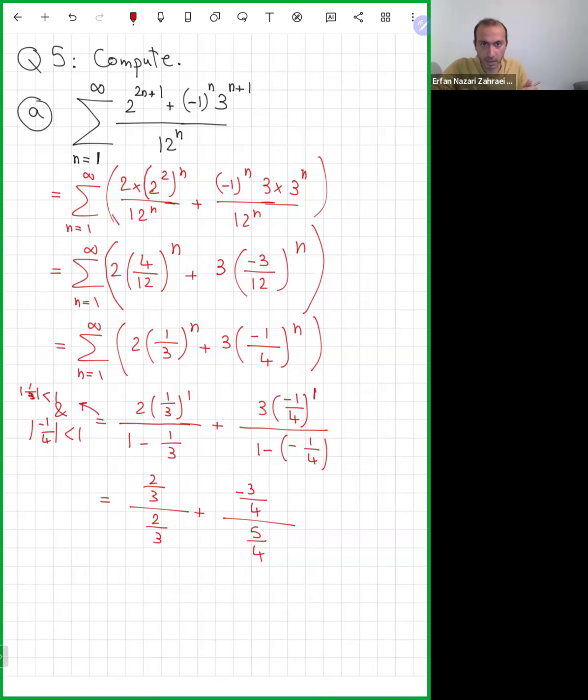So I have negative 1 over 4. Yeah, that's good. 5 over 4. Then the 2 over 3 over 2 over 3 cancel each other, you get just 1. The 4 and 4 cancel each other, and you get minus 3 over 5. 1 minus 3 over 5 is 2 over 5. So that is the exact value of this infinite sum.